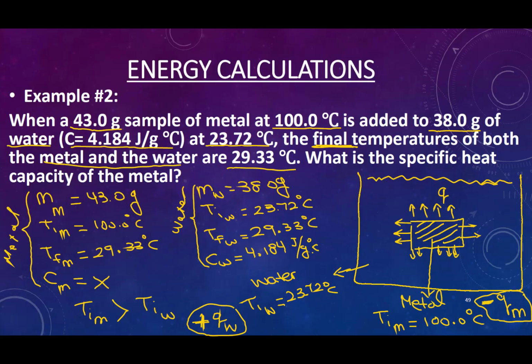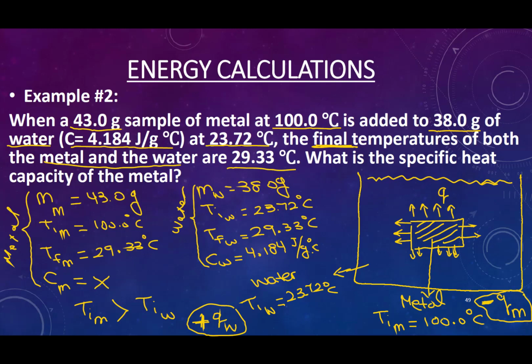Once I know what's happening, we know that the metal is at a higher temperature than the water, so the metal starts losing heat to the water. Since the water is getting the heat, its heat is positive, and for the metal it will be negative. At some point, the final temperature for the metal and the water will be the same.